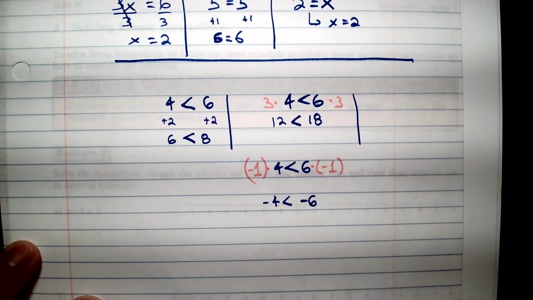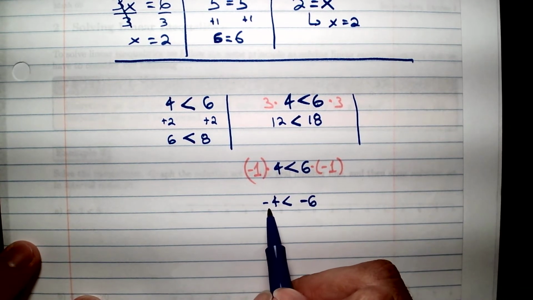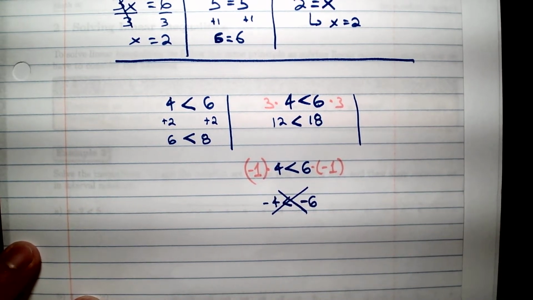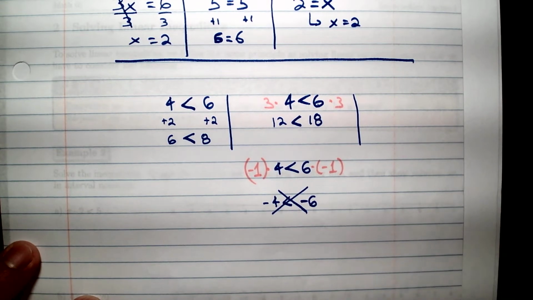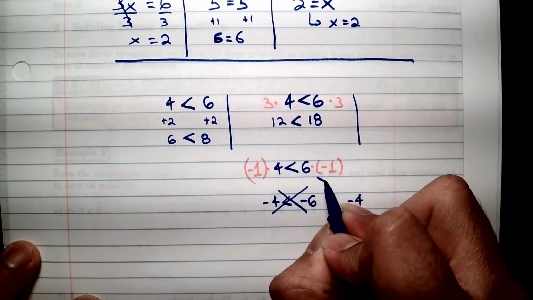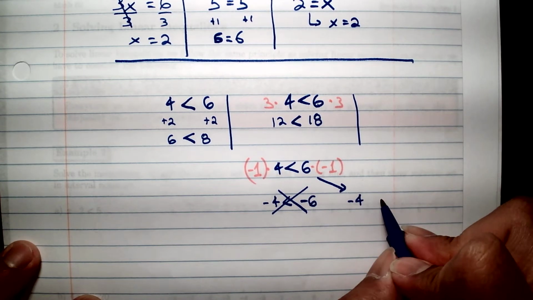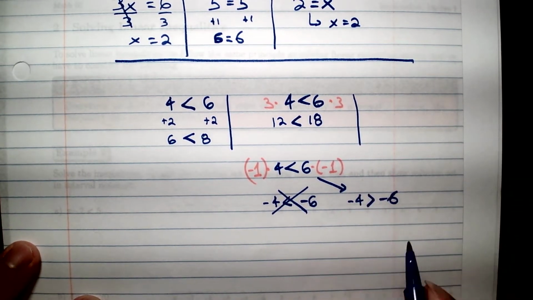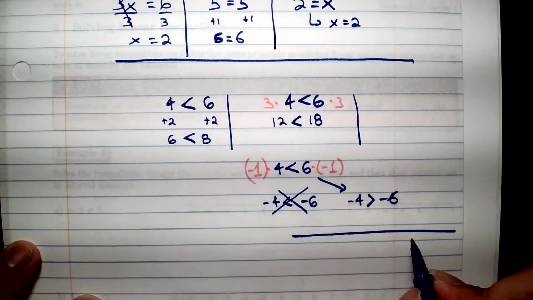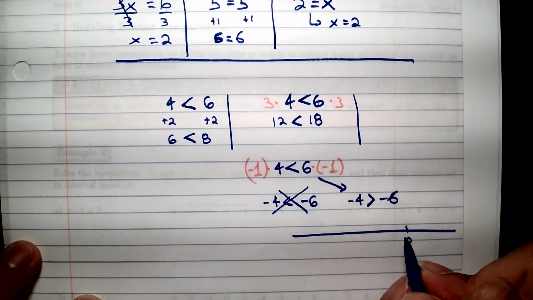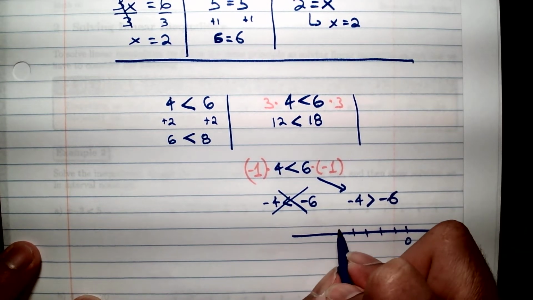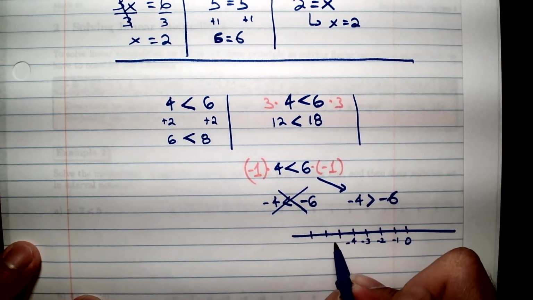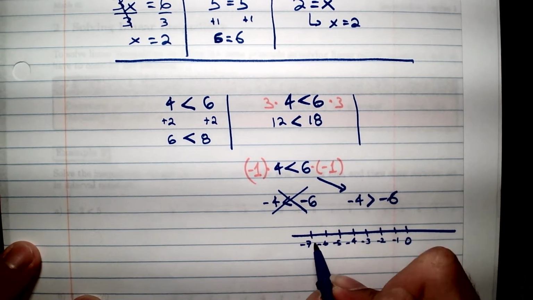Does this inequality still hold true? Is it true that negative 4 is less than negative 6? Well, not in this case. In this case, we cannot keep the same inequality sign. Instead, we have to reverse it, because the number negative 4 is greater than negative 6. On the number line, 0, 1, 2, 3, 4, 5, 6, 7, negative 1, negative 2, negative 3, negative 4, negative 5, negative 6, negative 7.